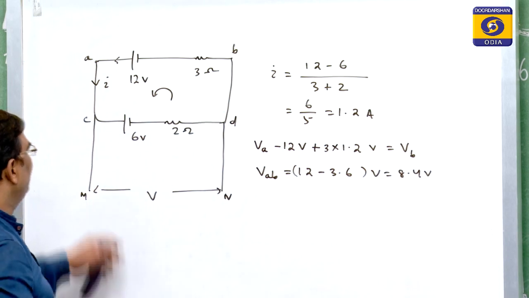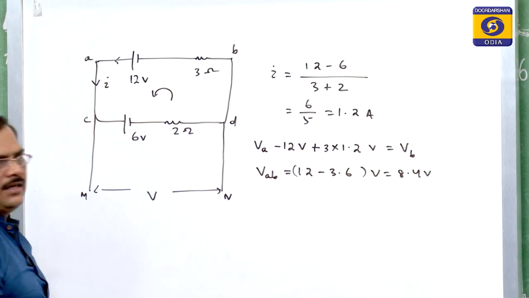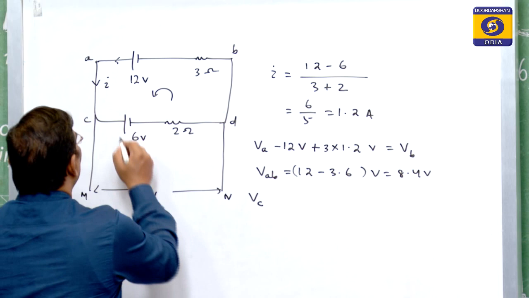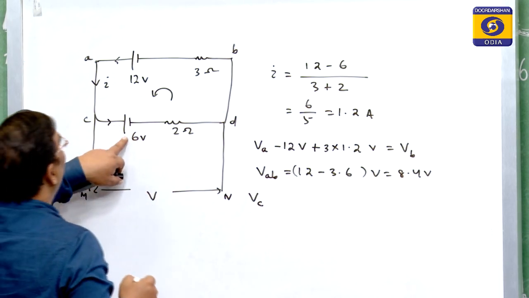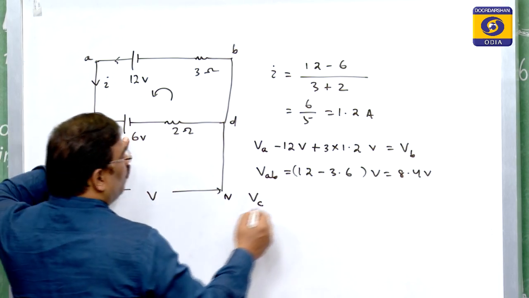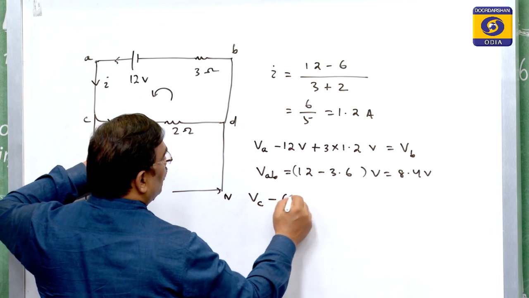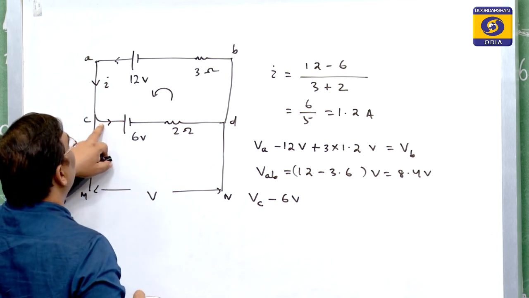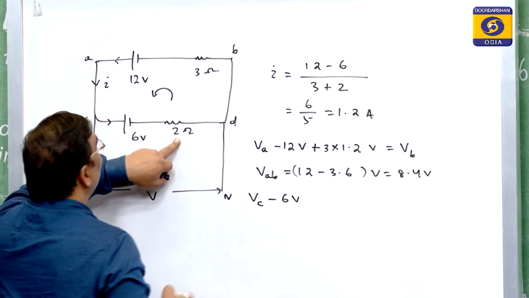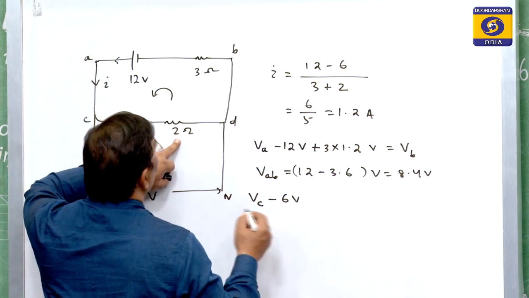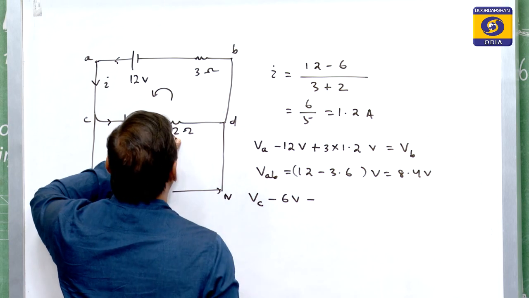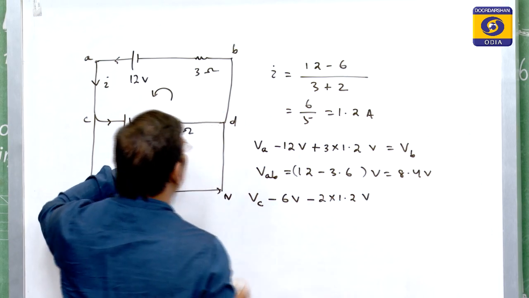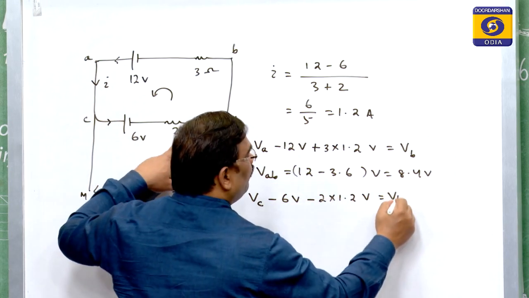Now, let us calculate the potential difference between C and D. So, VC, again 6 volt is opposing me. So, it is minus 6 volt, but I am in this direction. So, my potential is higher than the potential across the resistor. So, it is minus 2 into 1.2 volt equal to VD.